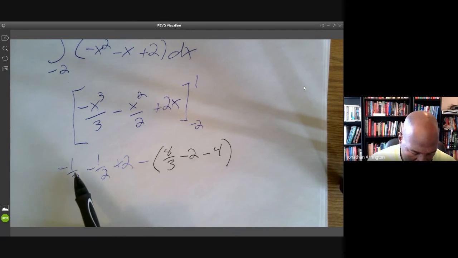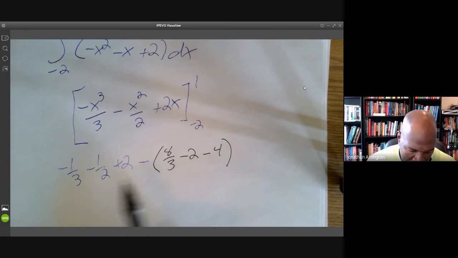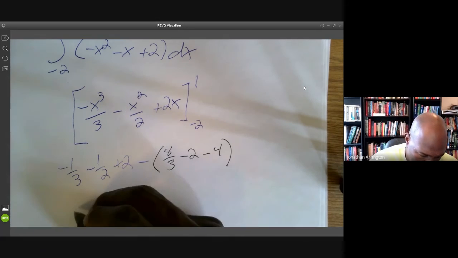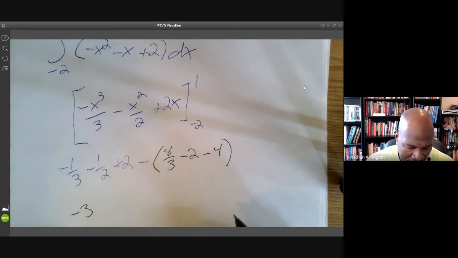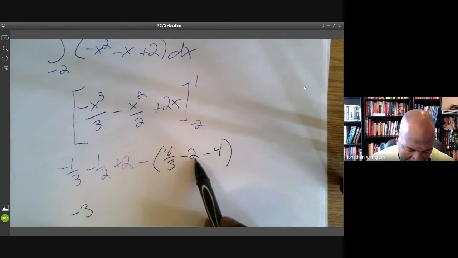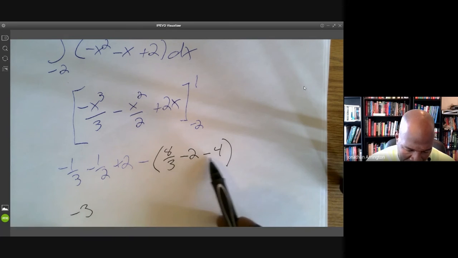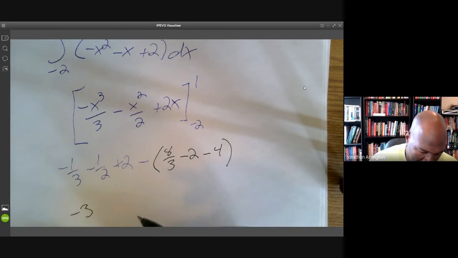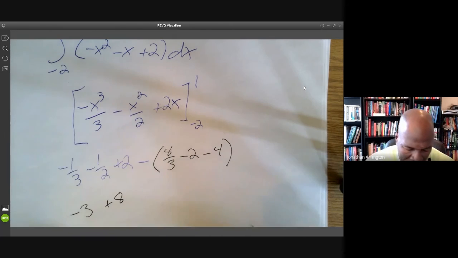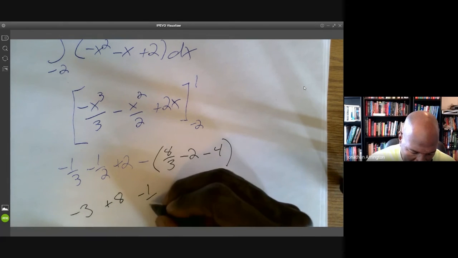So we can do -1/3 minus 8/3. That's -9/3, which is -3. Let's see what we have with whole numbers. This is -6. And we're doing minus -6. So that's +6 plus a +2. That's 8. And the only thing we have left is -1/2.